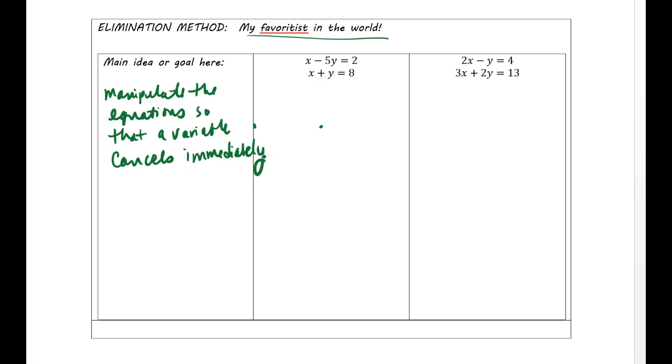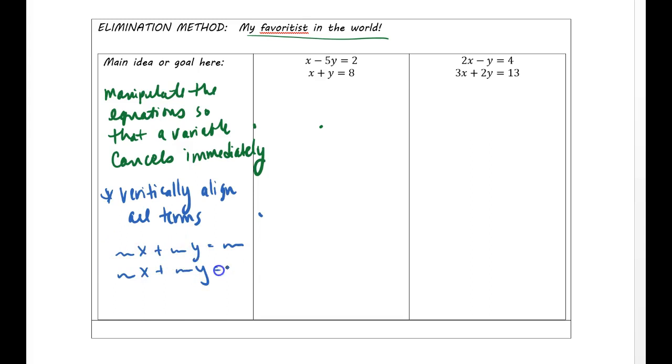So, in this method, the only thing that's really important before you start is to vertically align all terms. In other words, I always like to see something with an x plus something with a y equals the something, and then the equation underneath it, I just want to make sure that I do the same thing.